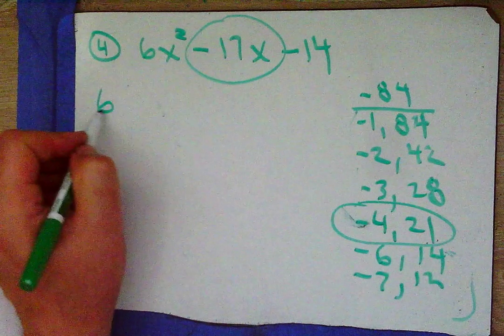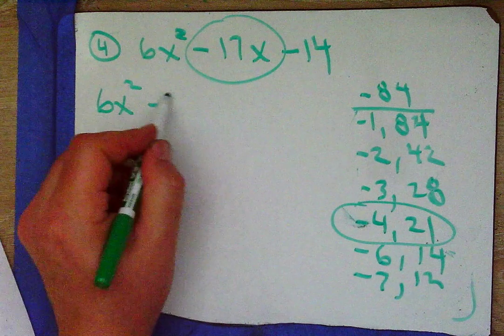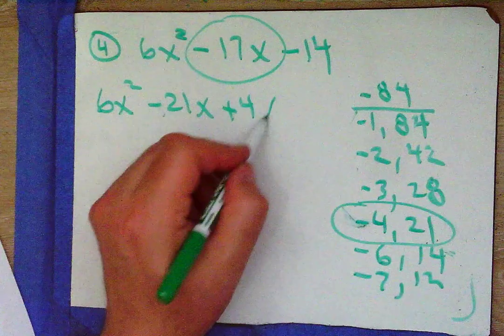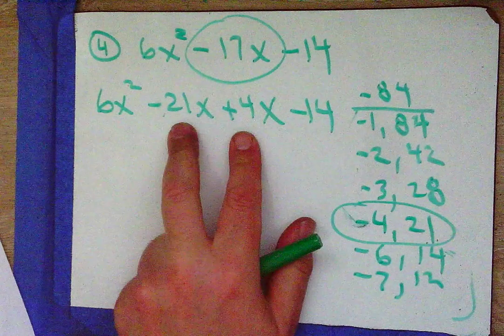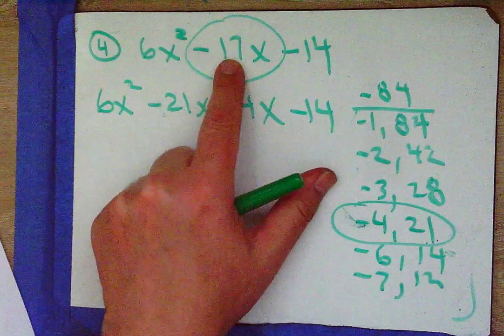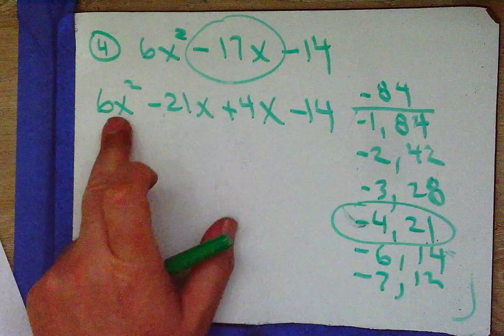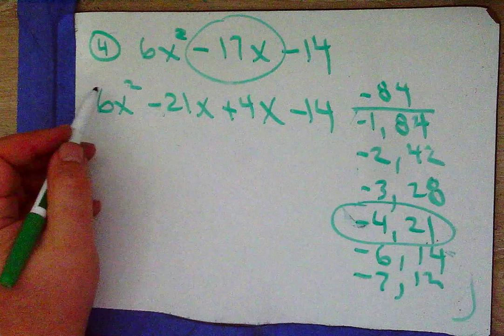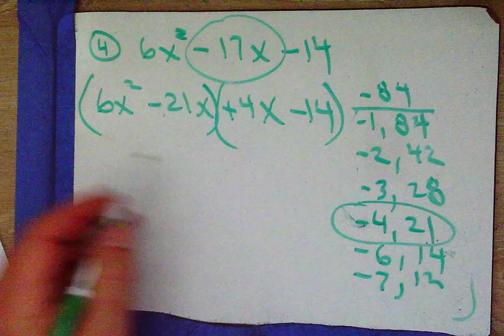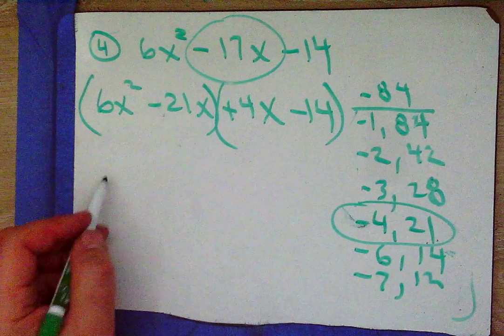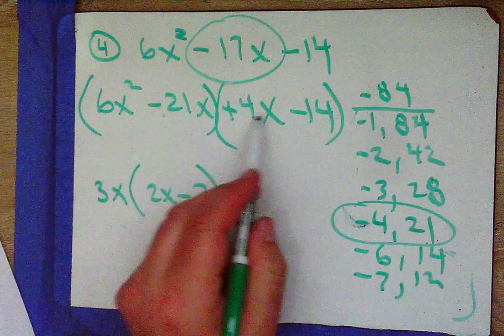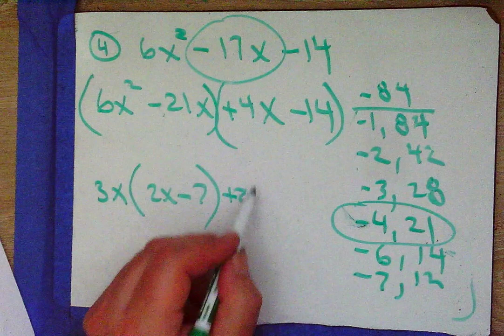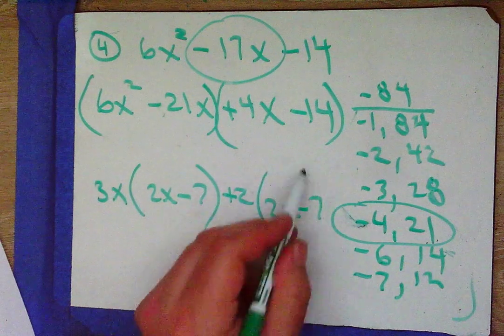If I do 6x squared minus 21x plus 4x minus 14, I should be good to go, because these add up to that and multiply together to be this times this. So I'm going to factor by grouping, and here I've got a GCF of 3x, leaving me 2x minus 7, and here I've got a GCF of positive 2, leaving me 2x minus 7.